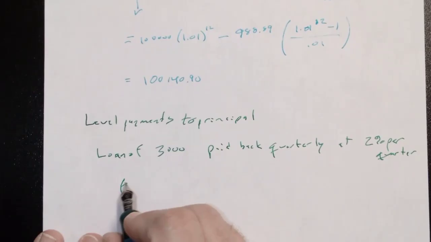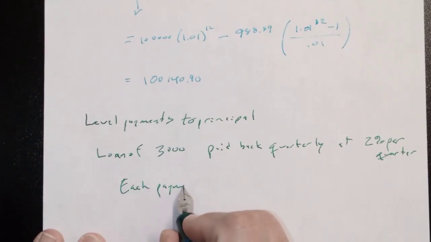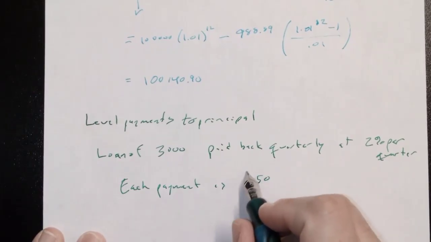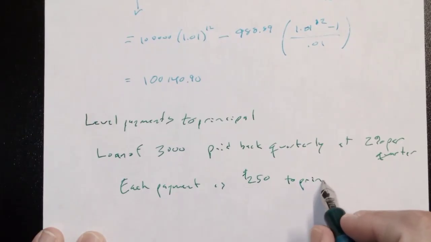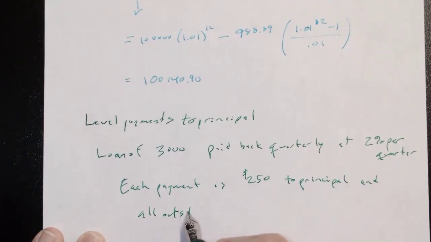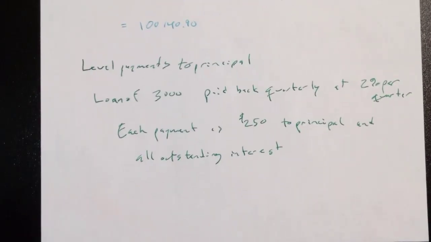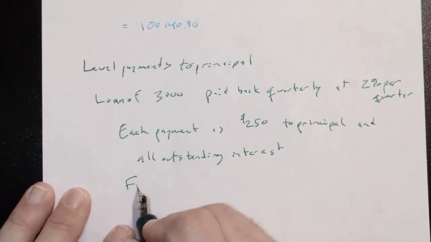Each payment is $250 to principal and all outstanding interest. They asked me for the amortization schedule.